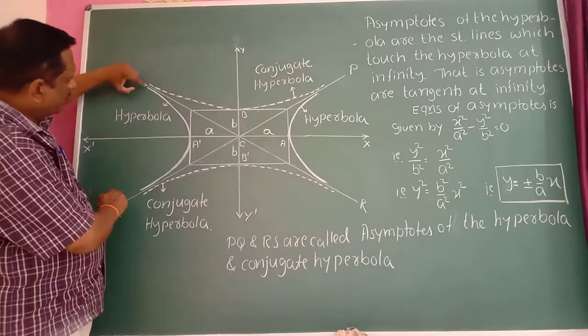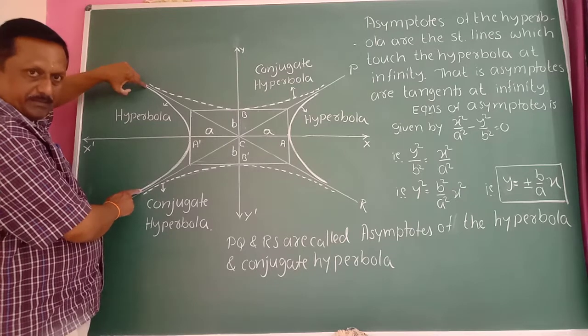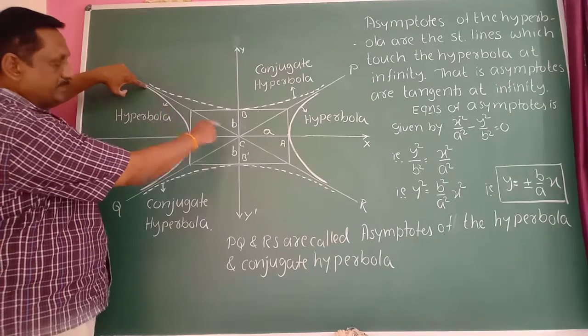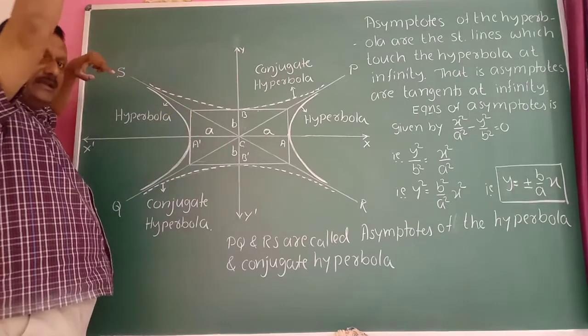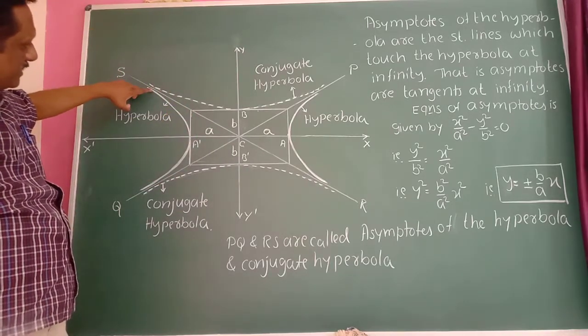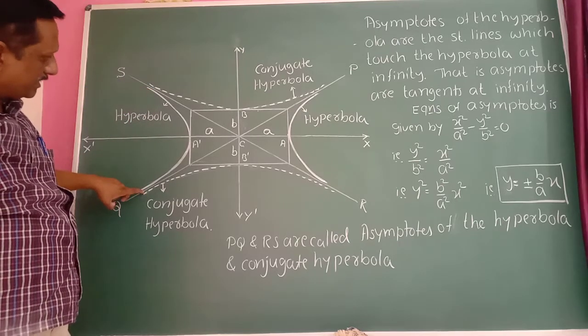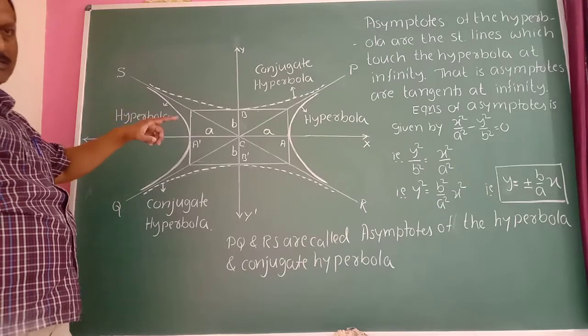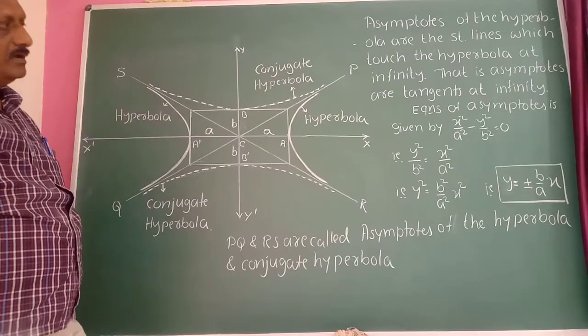Therefore, I am taking a gap here, because these two, the curve as well as the asymptote, meet at infinity here. Okay, that's why we are taking a gap here, and here also. The curves meet the asymptotes at infinity.